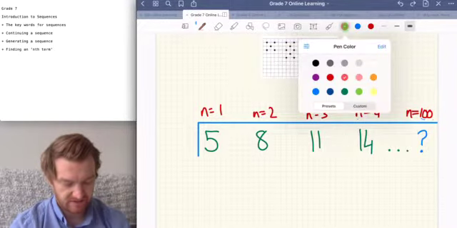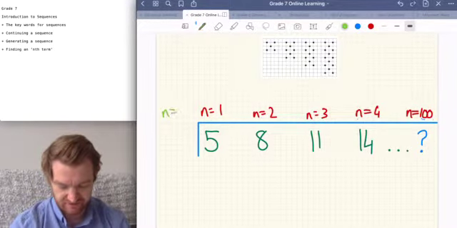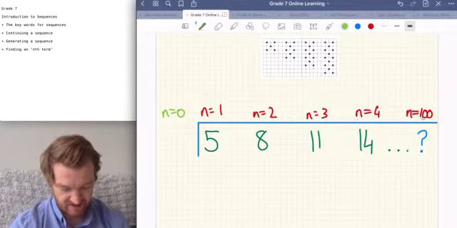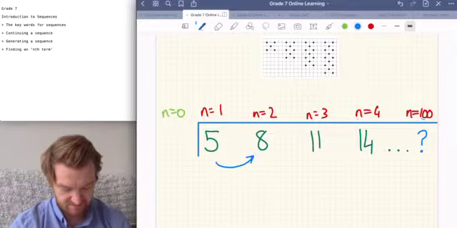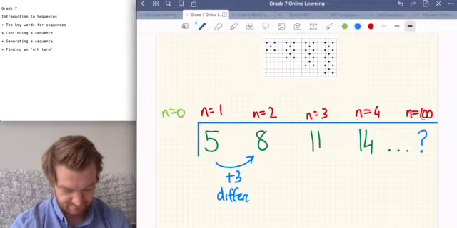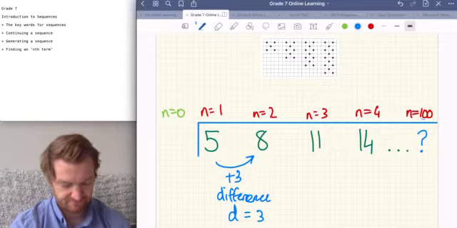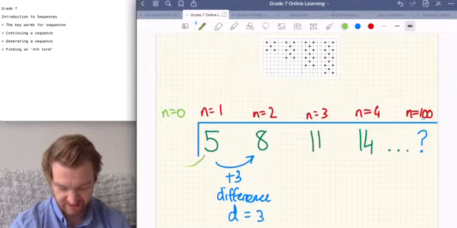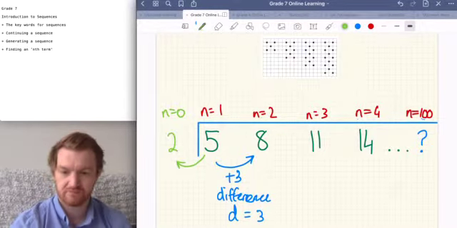So when you see a sequence, I'd recommend that the first thing you do is you find what n equals 0 would be. So we can see that we're going up by 3, which is the difference, which we sometimes simplify to just the letter d. So d is 3. And we can find n equals 0 by going back, and we can see it's 2.